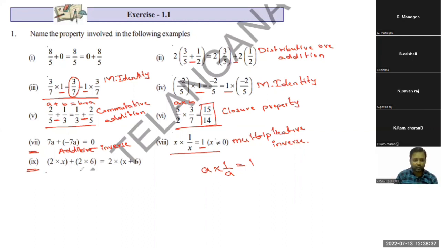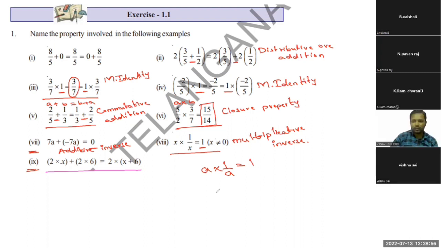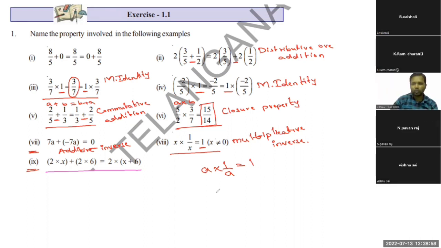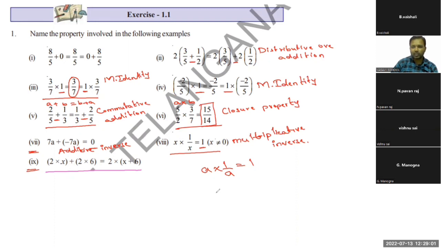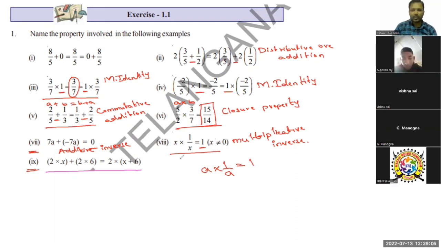Ninth one, you can say this. Which property is this? Sir, distributive. Distributive property over addition or subtraction? Sir, addition. Very good. It is over addition.